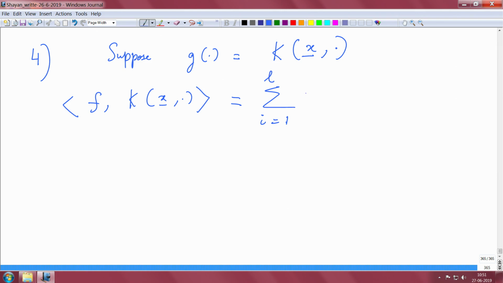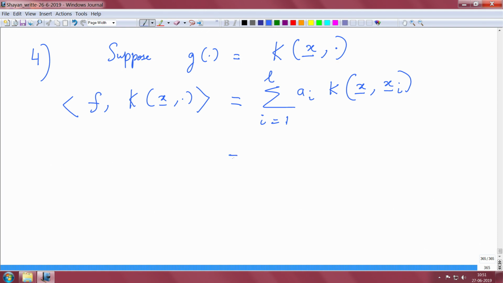So this is basically ai times the kernel acting on X and Xi, right. This is my f of Xi, right. I am putting this placeholder Xi here.